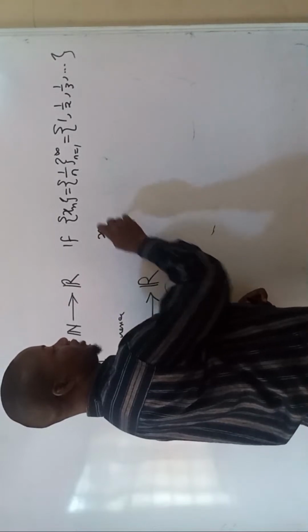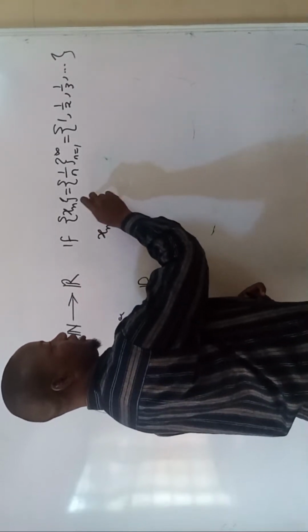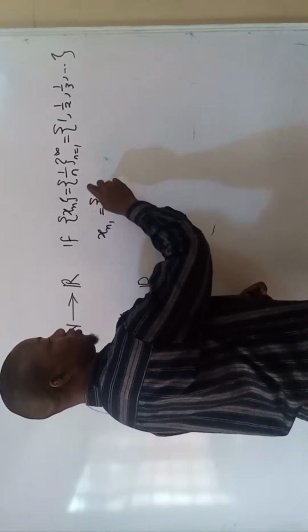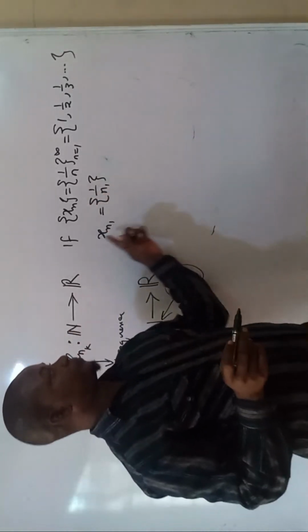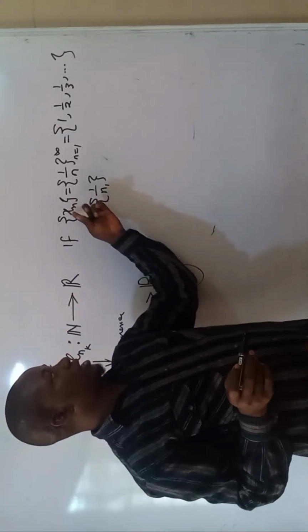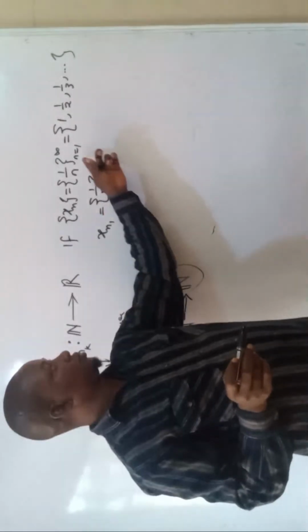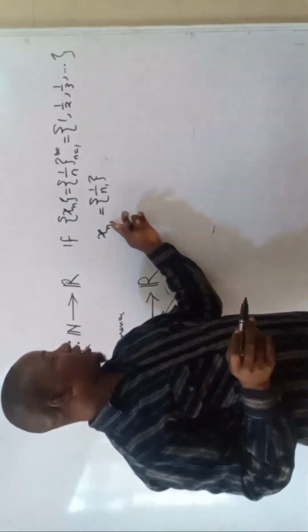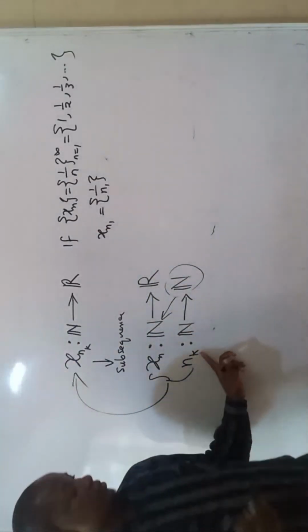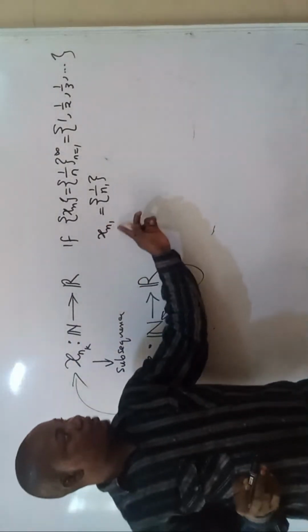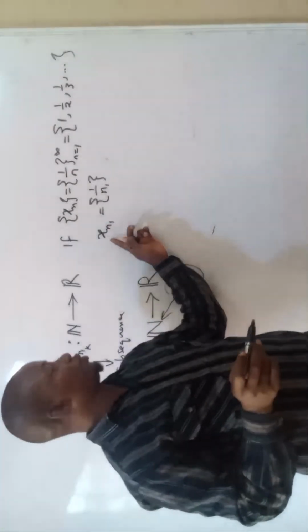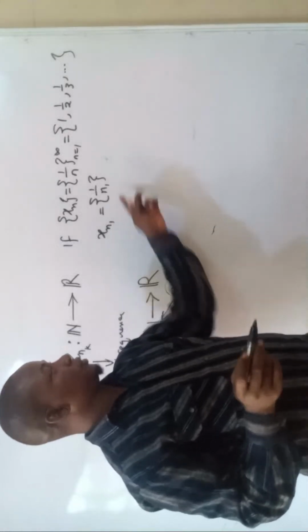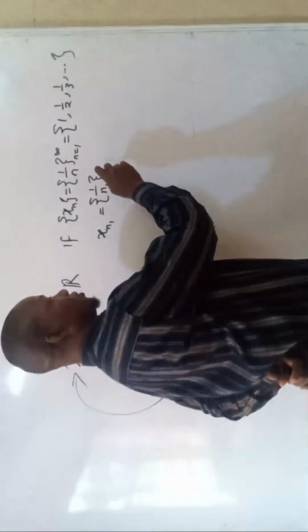You can say x_{n_1} is similar to 1 over n_1. If you make k here to be 1, this becomes x_{n_1}, and it means we should replace whatever was here with n_1.